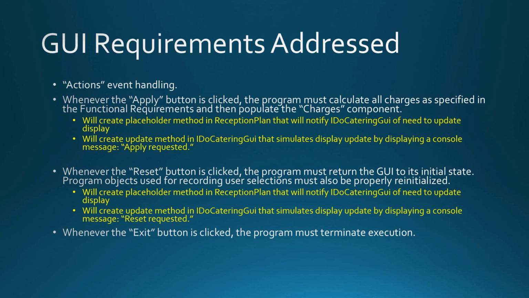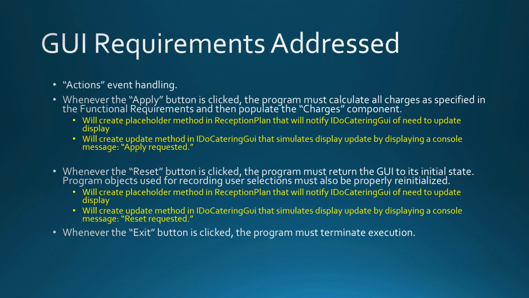For this iteration, what we're going to do is create a placeholder method in the reception plan class, and all it's going to do is notify the iDo catering GUI of the need to update the display. And then we're going to create the update method in the iDo catering GUI that this reception plan method is going to invoke. And it's just going to simulate the update of the display by displaying a console message.